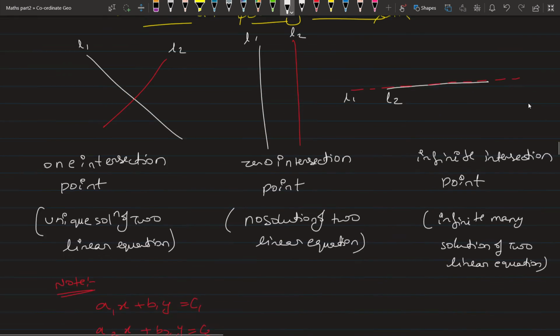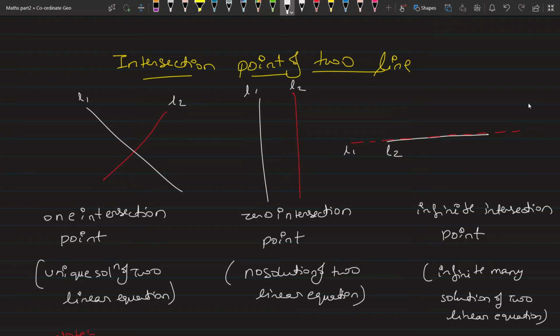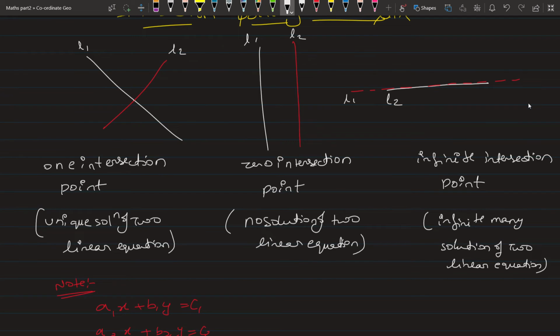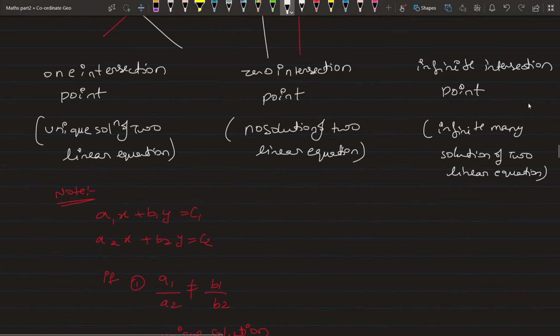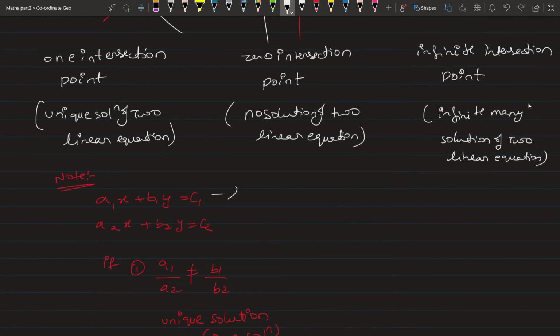So to find if the lines are intersecting at a single point, one intersection point, or at infinite intersection points, or if the lines are not intersecting at all: here is line L1 and line L2.